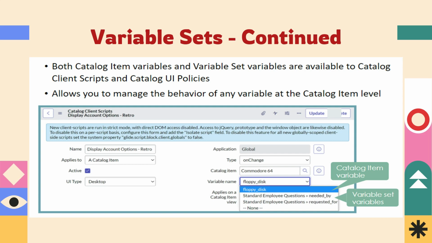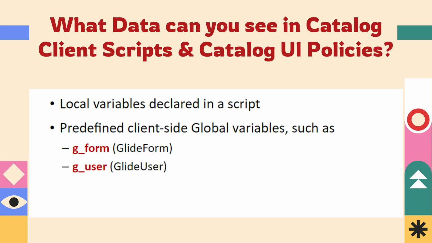Okay, so let's move ahead and see what data we can see in catalog client scripts and catalog UI policies. So we can declare local variables in a script, and we can use predefined client-side global variables such as g_form and g_user.